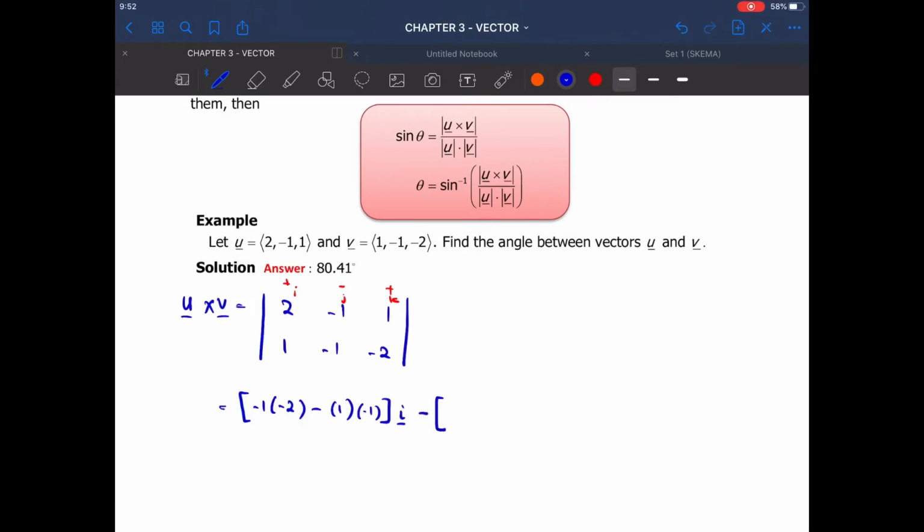Minus, closing the second column, 2 multiply negative 2 minus 1 multiply 1. So this is for j. Plus, closing the third column, 2 multiply negative 1 minus negative 1 multiply 1.